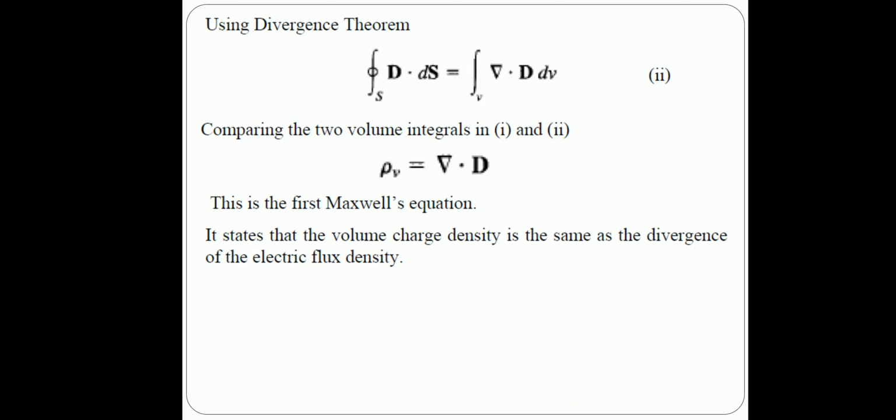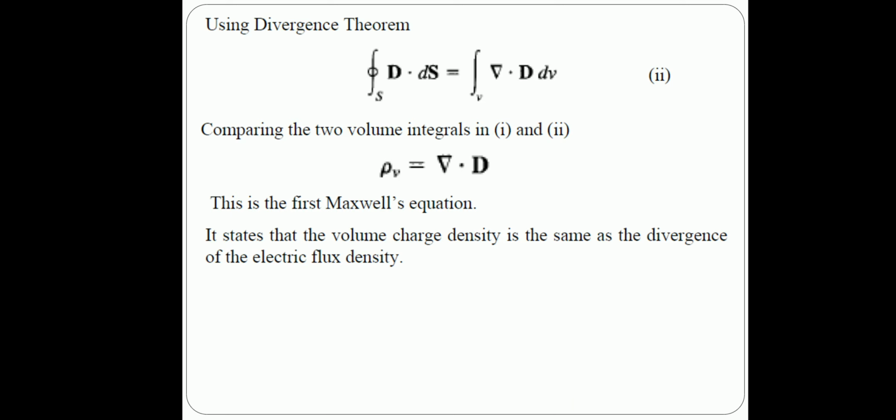It states that the volume charge density is the same as the divergence of the electric flux density. So if you have the electric flux density, you can easily find the volume charge density rho v as rho v equal to del dot D.